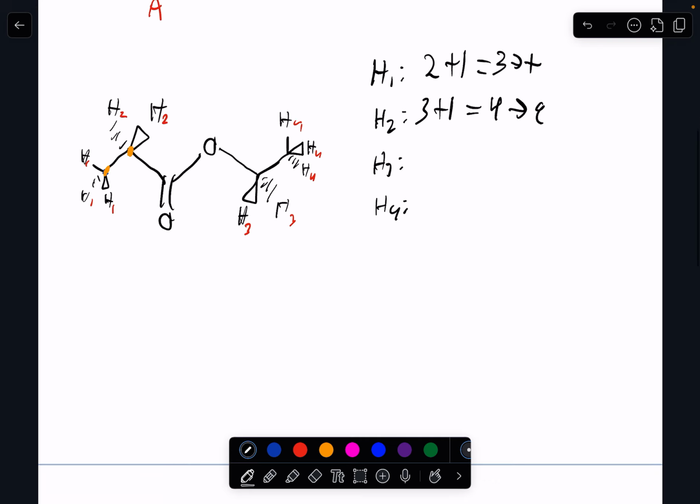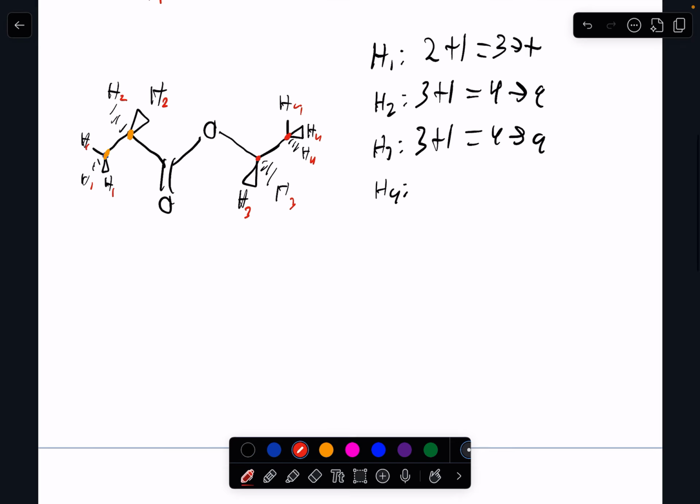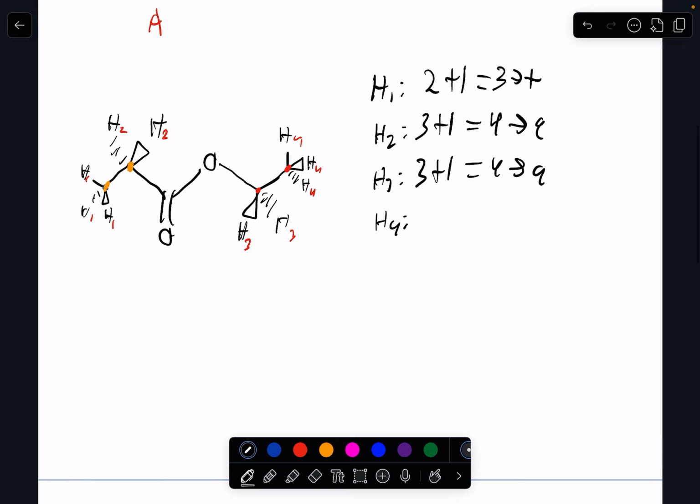Whenever we go to H3, we look at the carbon that's attached to these protons, and then we look at the adjacent carbon. We find out that there are 3 protons, plus 1 rule equals 4, quartet. If we go to H4, we check the carbon that is connected to all 3 protons, and check the adjacent carbon.